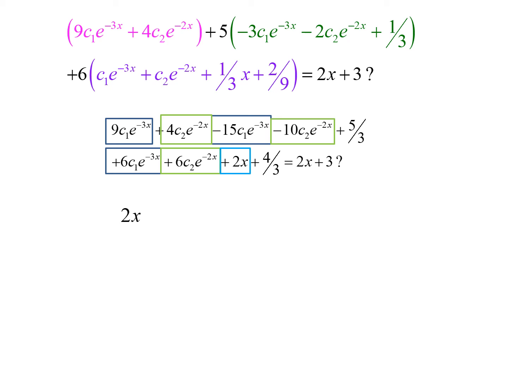And for our constant terms, we have 5/3 plus 4/3, which will be 9/3. And 9/3 simplifies to be 3. So we get 2x plus 3. And that's what we were supposed to get. So this shows that that is a solution. So that checks out. This is a solution to the differential equation.